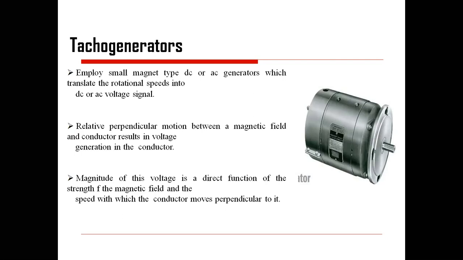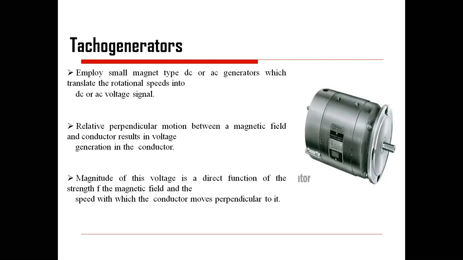It may be AC or it may be DC. And if your input is more, the output generated will also be more. The same fundamental is used to retrieve the information of the speed depending upon the motion.